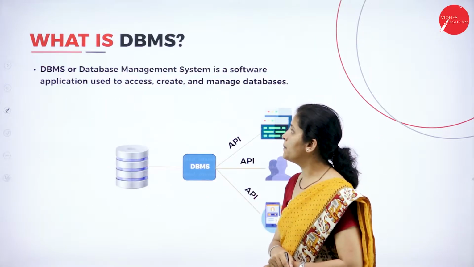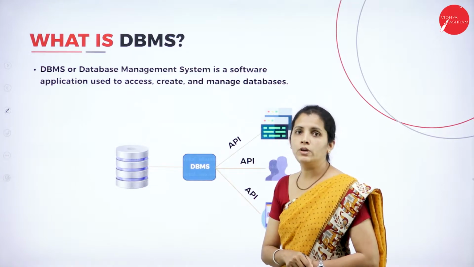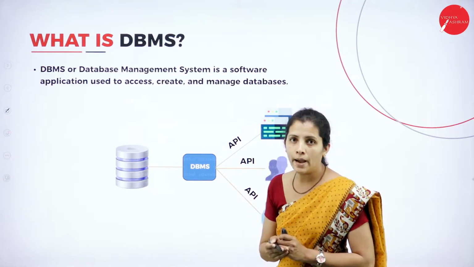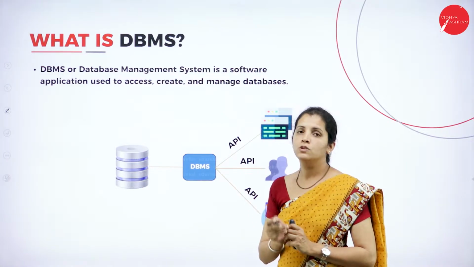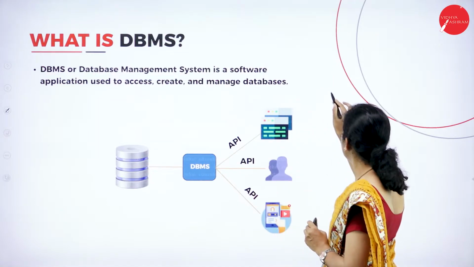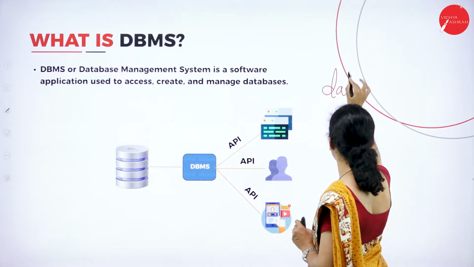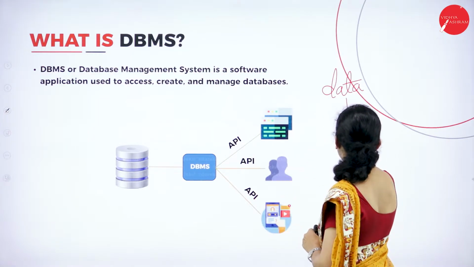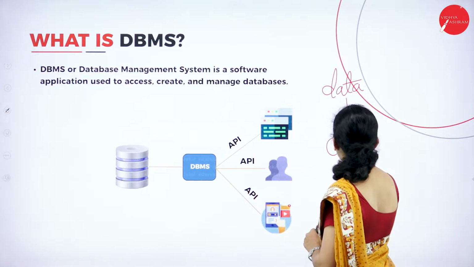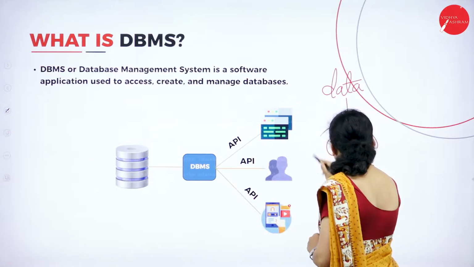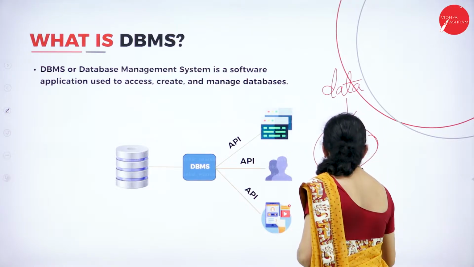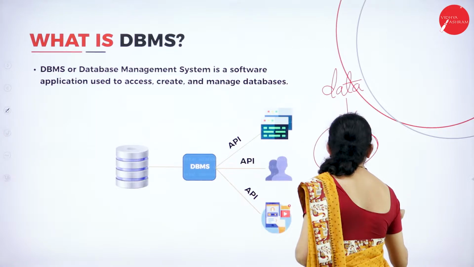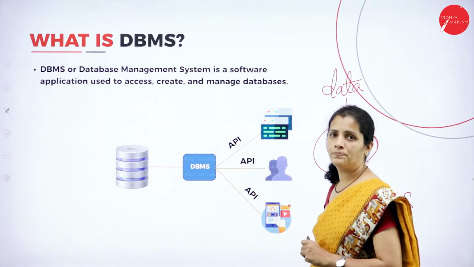From database, I'm going to derive database management system. So dear student, actually I started with data. From data, I derived database. Now from database, I'm going to derive database management system.